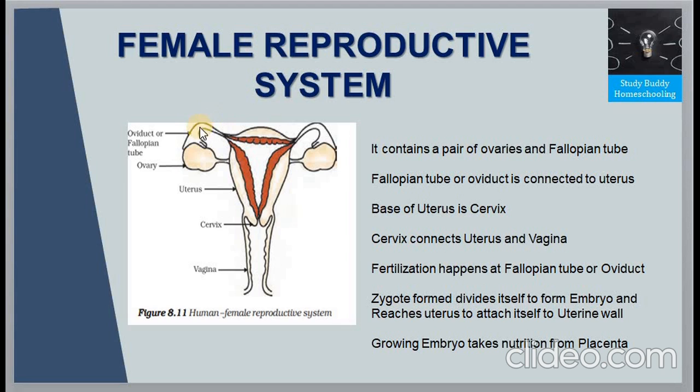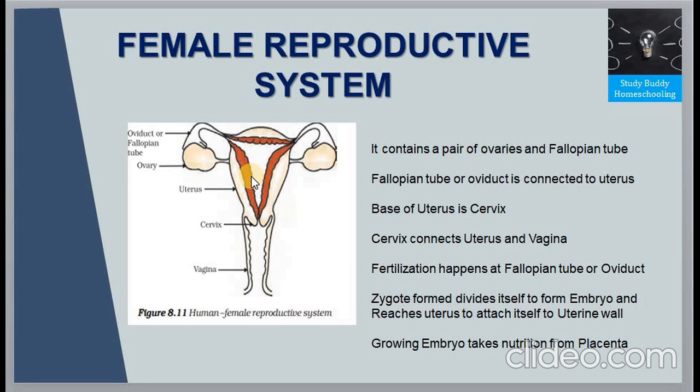Now the embryo starts coming down and meanwhile a bed is prepared in the uterus. A uterine lining is made for the embryo to attach itself to the uterus. After fertilization, the embryo reaches the uterus and attaches itself to the uterine lining. Now the growing embryo needs energy, right?